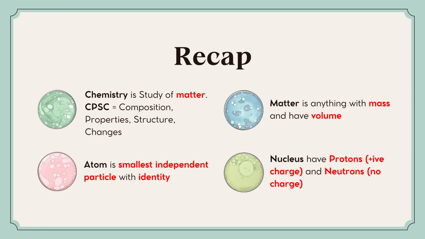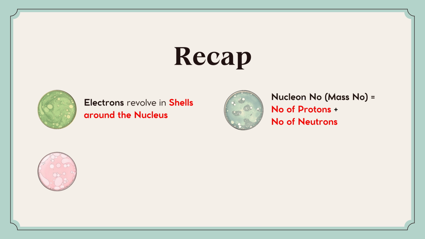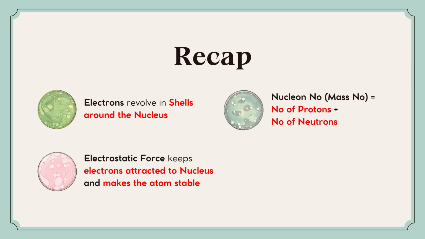Atom has a nucleus with protons having positive charge and neutrons with no charge, while outside the nucleus, electrons with negative charge revolve in shells around the nucleus. We also studied the subatomic particle symbols and their properties. We learned that nucleon number equals protons plus neutrons, which is also called mass number. And electrostatic force keeps electrons attracted to the nucleus to keep the atom in stable condition.